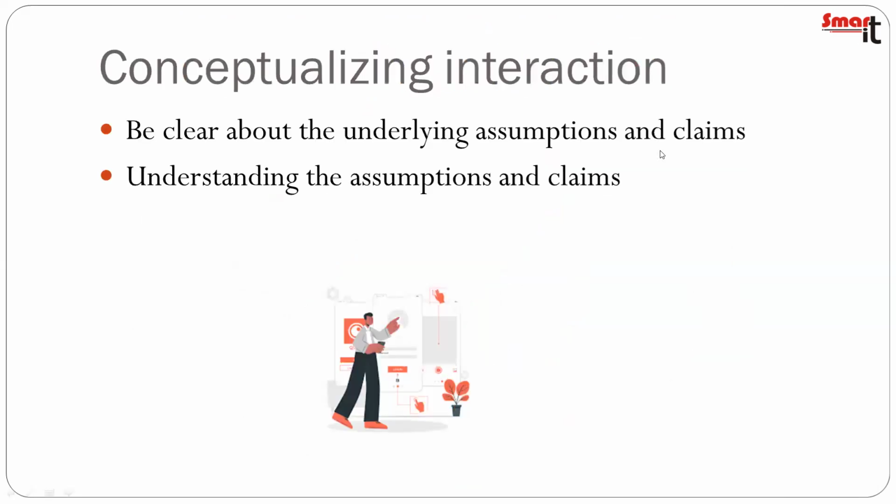When we talk about conceptualizing interactions, you have to be very clear about underlying assumptions and claims, because if you just develop based on assumptions, you may fail. So you have to be very clear about the assumptions you make. For example, if you think just the young generation is really compatible with technology and really open to Facebook and social media, that is an assumption. Look at whether they really are, whether all of them are like that.